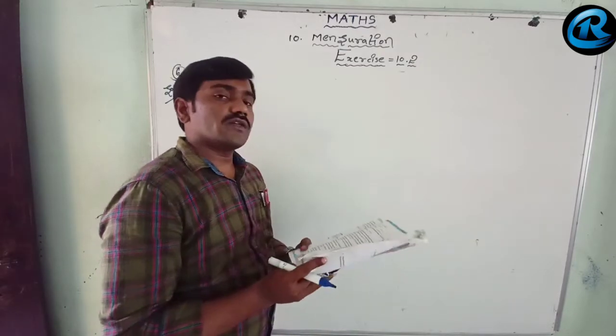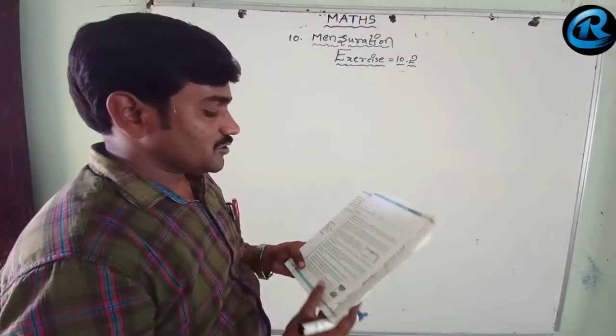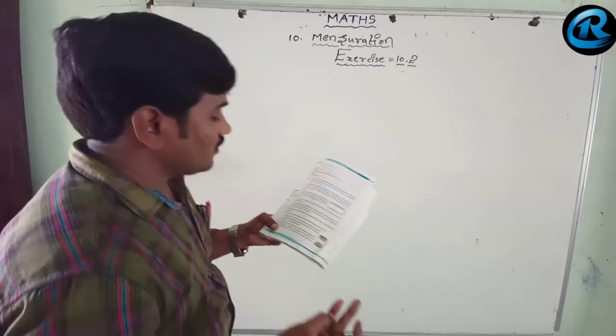Now we go for question number 6. A sphere, cylinder and cone.